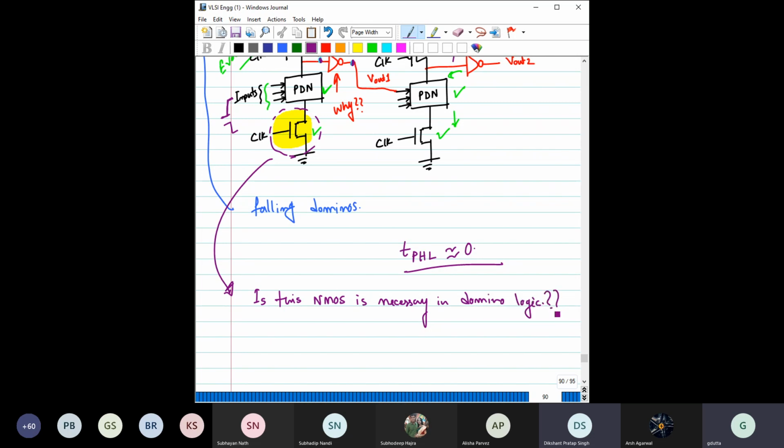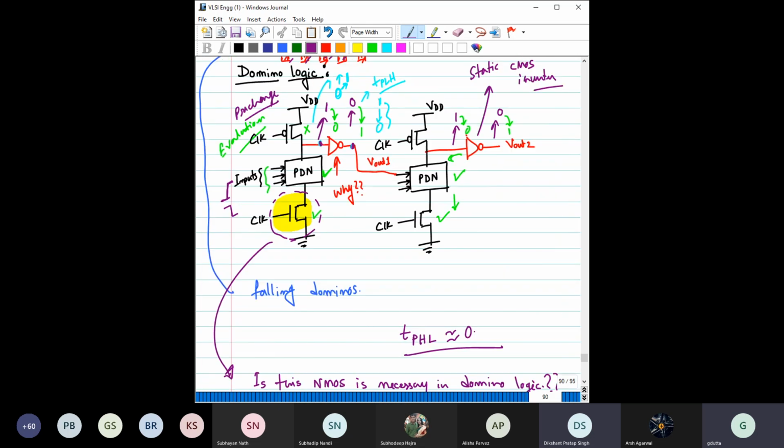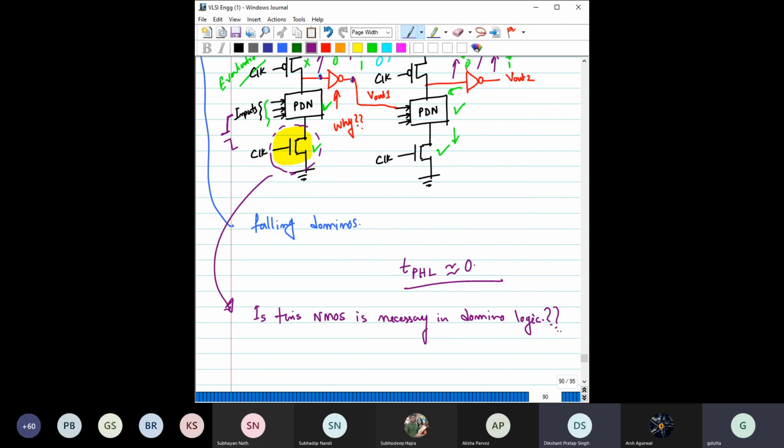Please think it over. What is the function this NMOS is performing? Based on that, try to answer this question. Is this NMOS really required in this domino logic? If yes, why? If no, then also why?